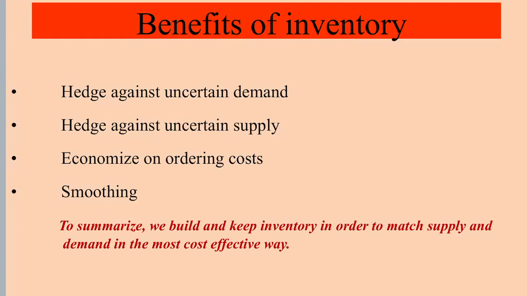If there is any problem in raw material, transportation, or with the supplier, then also the firm is ready to deal with it. Then economy of all the costs, not only ordering cost, all the cost, and then smoothing. So to summarize, we build and keep inventory in order to match supply and demand in the most cost efficient manner and to achieve the higher profits, right? These are the benefits of inventory.